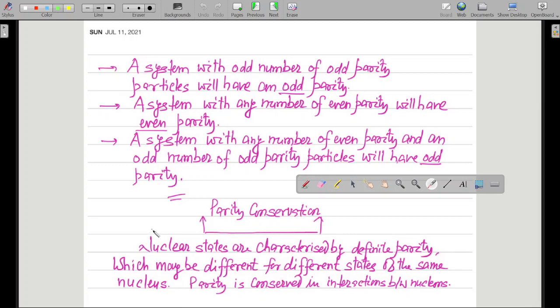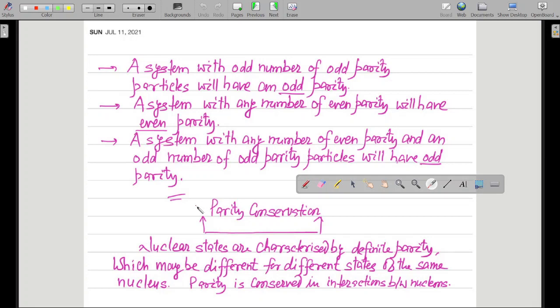Now you know this very well: the way we have atomic electronic configuration, you have learned about it in your lower classes, how the electrons are filled in the atomic shells. Similarly, nucleons are filled in nuclear shells.